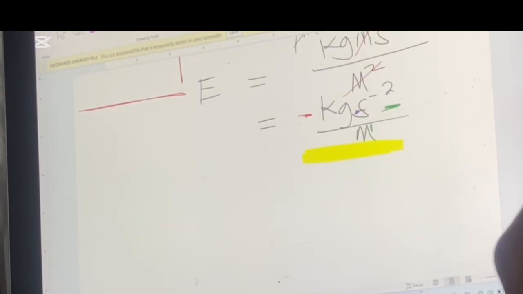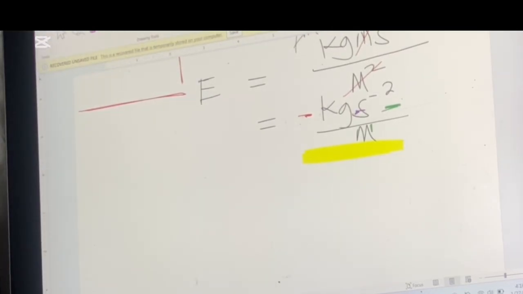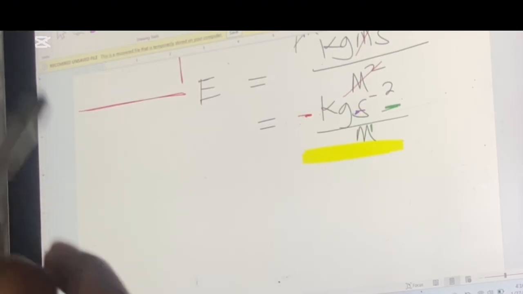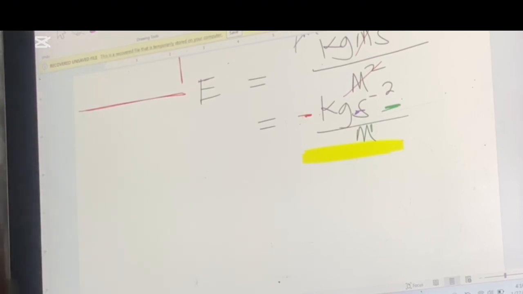Now listen. Whenever you are arranging units, you always arrange them in order of their fundamental quantities. That means kg will come before meter. Meter will come before seconds. Please take note.